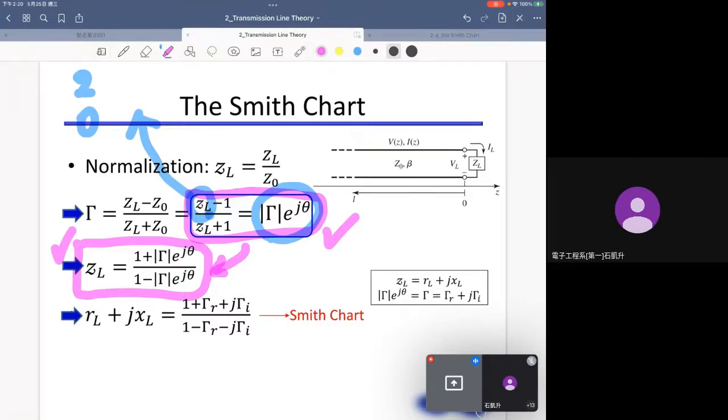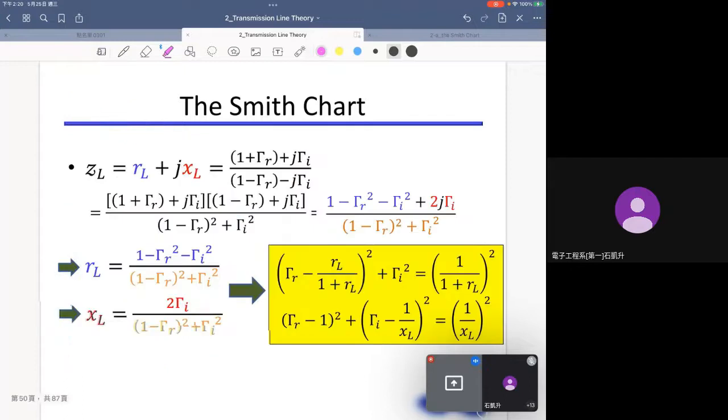And as you already gave me the assumption, you separate the real part and the imaginary part of the ZL, and you obtain this equation. Also for your reflection coefficient, you can separate the real part and the imaginary part. You just spend a lot of time to separate the real part and the imaginary part.